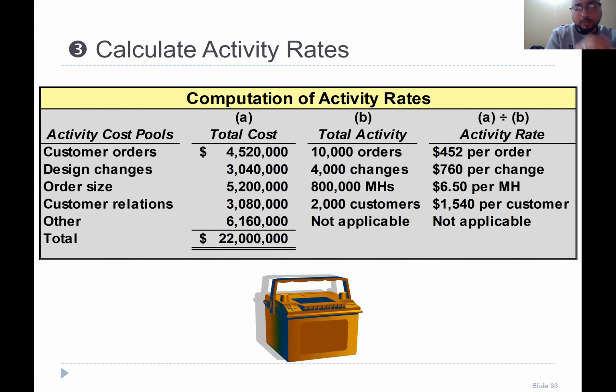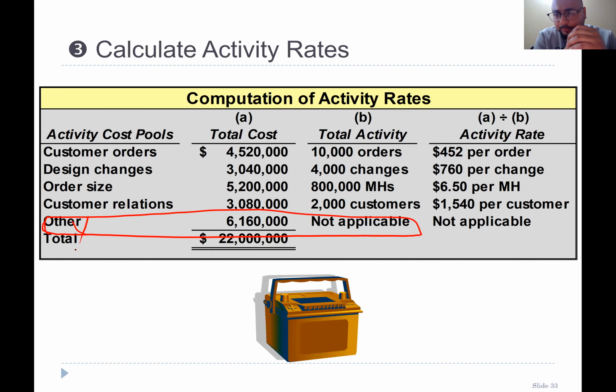Yes. So, sorry. So the others are not applicable, right? So per customer order is 1540, and there are 2000 total customers, right? But the question is silent for short start on how many customers gave us orders.